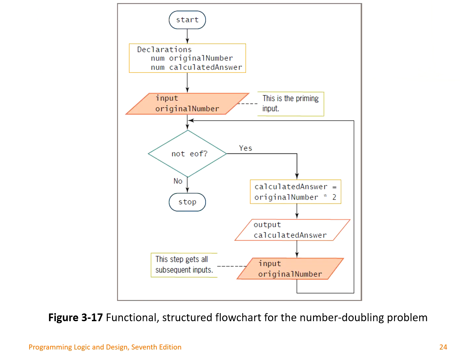Figure 3-17, functional structured flowchart for the number doubling problem. So here is the visual representation of a functional and structured flowchart. So here the input original number is declared as the priming input, while the input original number step gets all the subsequent inputs.